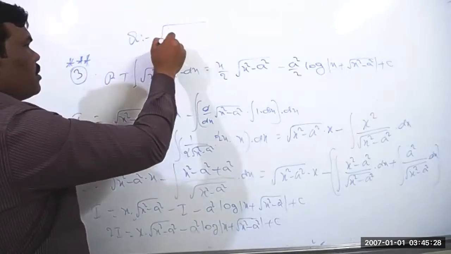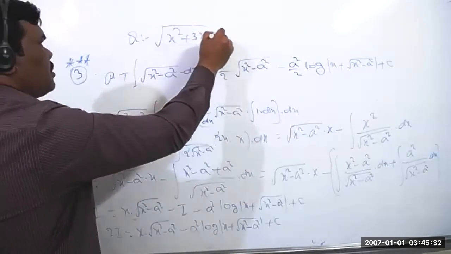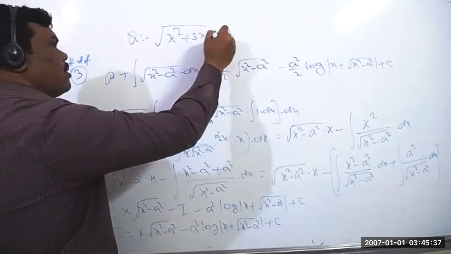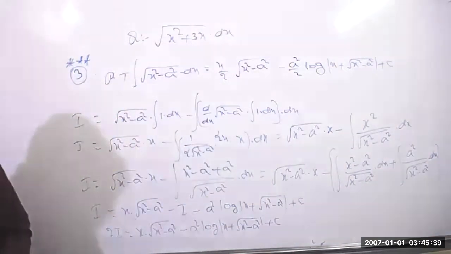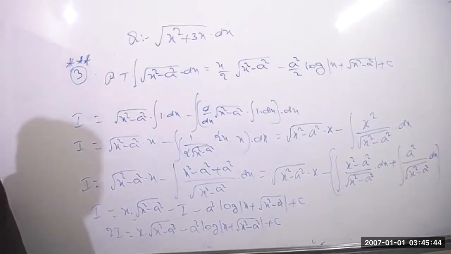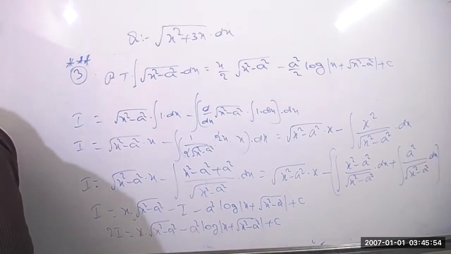I think I gave x square plus 3x, but I gave the formula for x square minus 3x. So I will change the question. We'll come to that question. I'll give one more, based on the third formula.